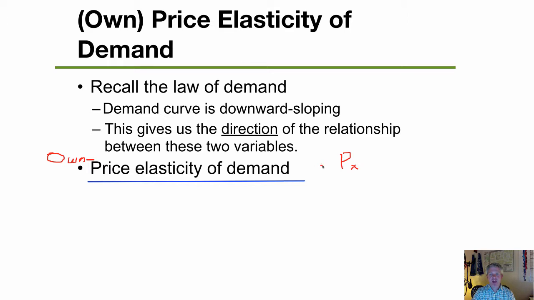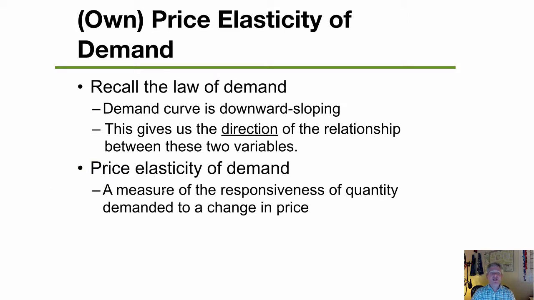So a change, delta, the Greek symbol delta is the symbol for change. When there's a change in the price of a good X, how does that change the quantity demanded for that good X? An own price elasticity. So what is that? It's a measure of the responsiveness of quantity demanded to the change in the price of that good.